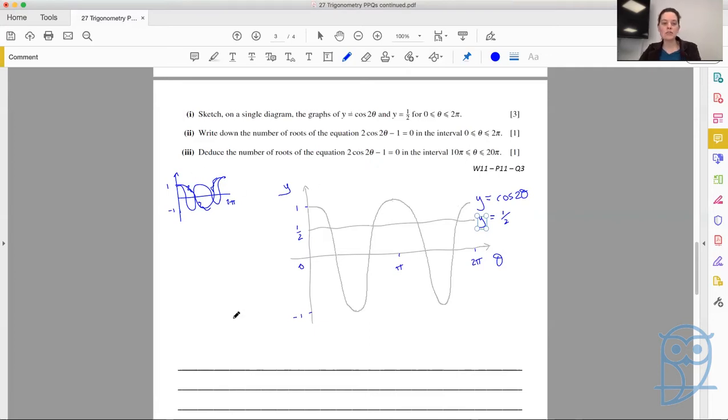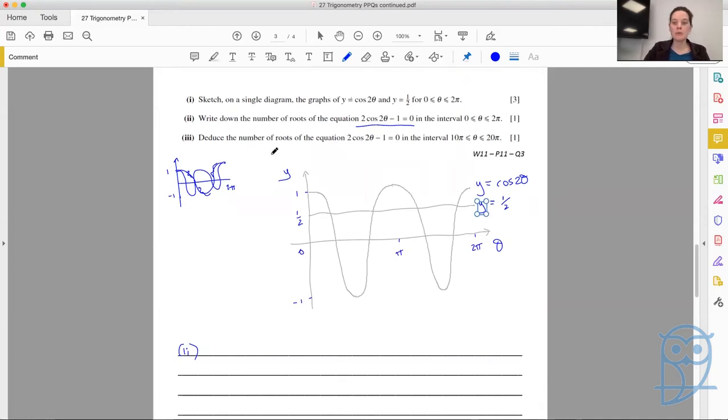Now they ask us to write down the number of roots of the equation 2 cos 2 theta minus 1 equals 0 in the interval from 0 to 2 pi. Okay, well, this looks remarkably familiar to what we've drawn, but not quite the same, but we can check. Remember, number of roots would be a simultaneous equation. So we can set it up of cos 2 theta equals a half, where they intersect.